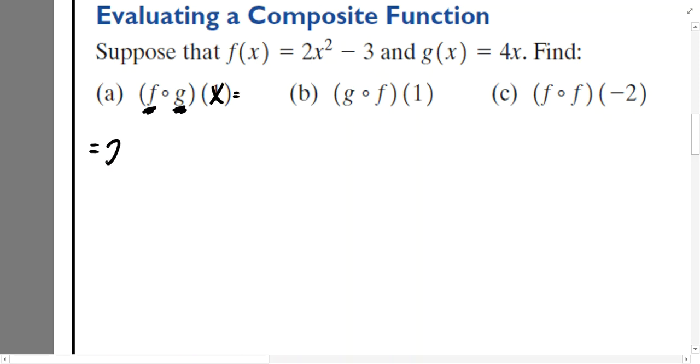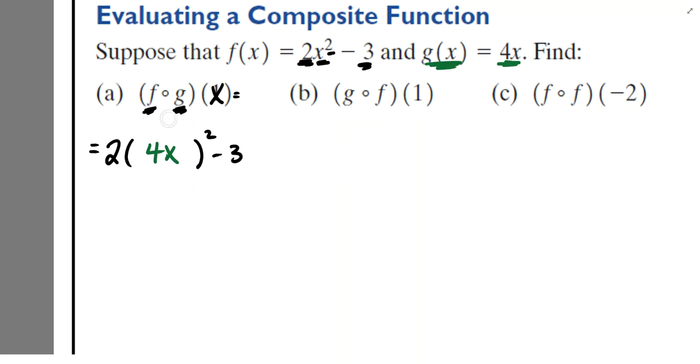I'm just going to start with my outer function, 2 times something squared minus 3. Now the inner function, g of x, which happens to be 4x, gets placed on the interior of that function f. So we've got f on the outside, and technically g placed on the inside.